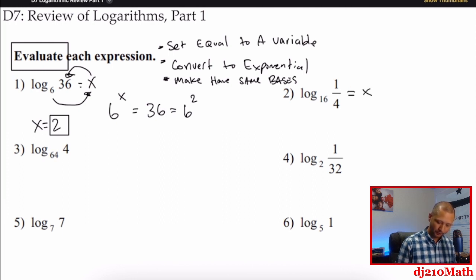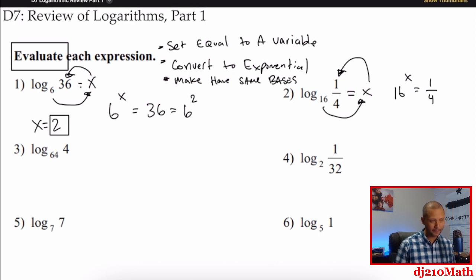All right, number 2. 16 raised to this equals this. So 16 to the x power equals 1/4. I think if we bring the 4 up, 4 to the negative 1 power is the same thing as 1/4.